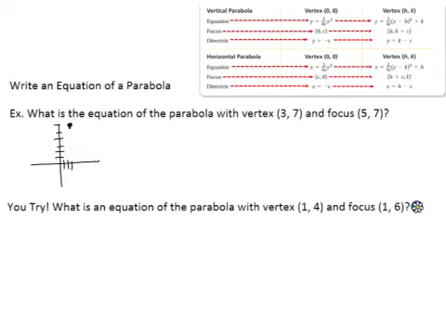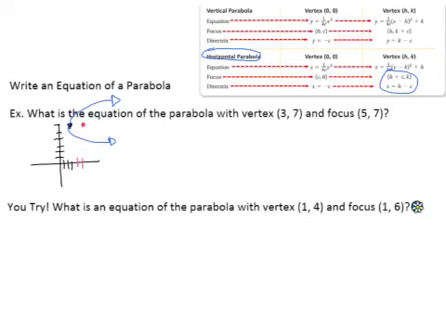So our focus is at 5, 7, so it's right about here. The focus is always inside of our parabola, so we know our parabola is opening like this, making it a horizontal parabola. So in this example, we're using horizontal parabola. We want to write this equation.